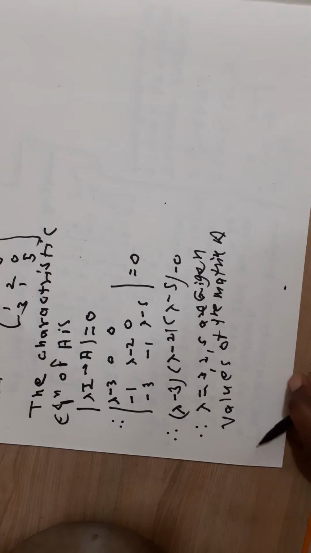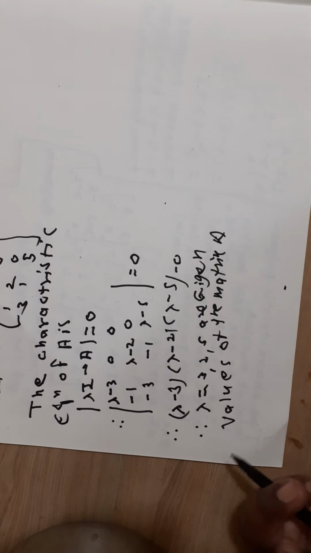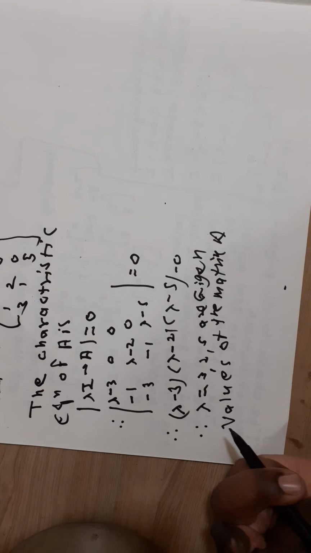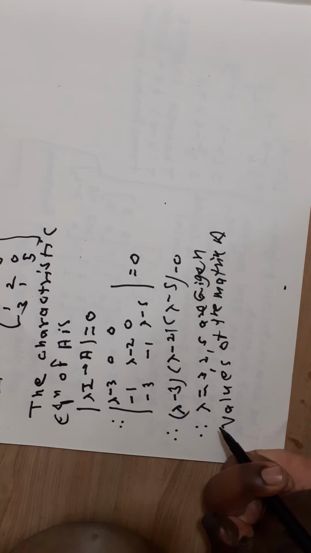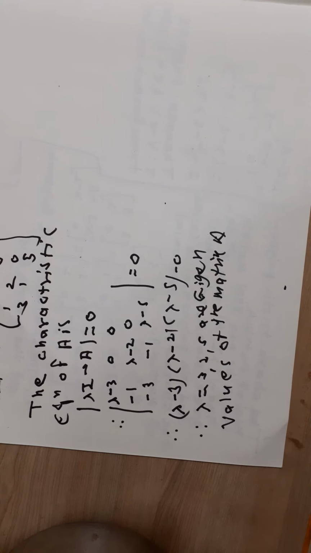Now let us find the eigenvectors corresponding to the eigenvalues 3, 2, 5.